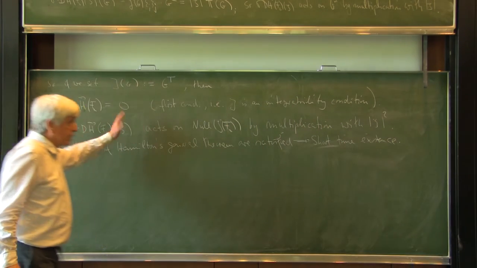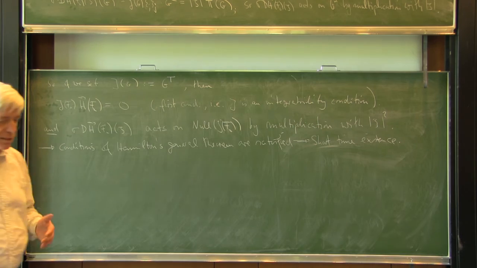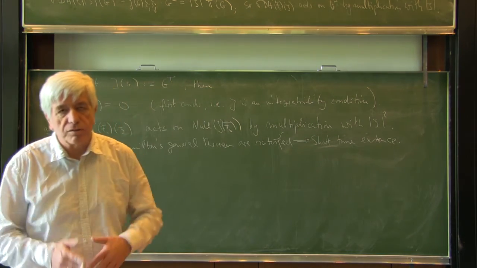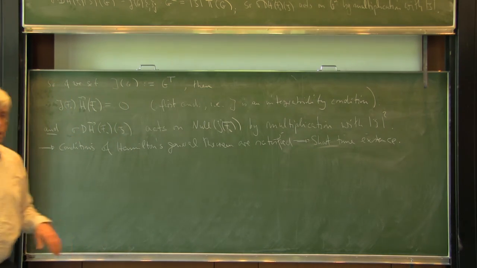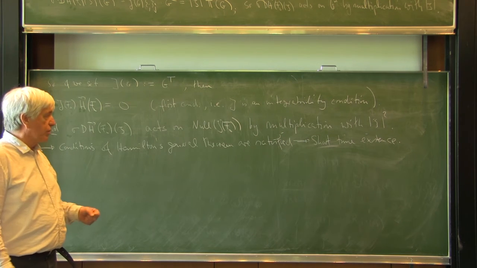And in fact, you can use exactly the same argument to get all the other well-known short-time existence results, say for Gauss curvature flow, or for the harmonic mean curvature flow, or the two harmonic mean curvature flow.